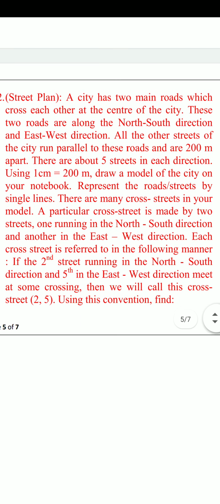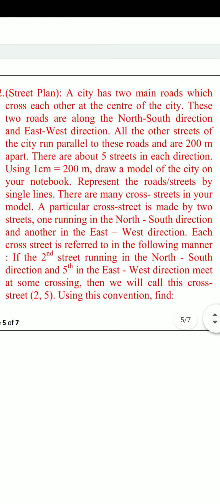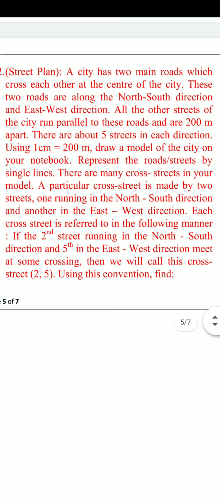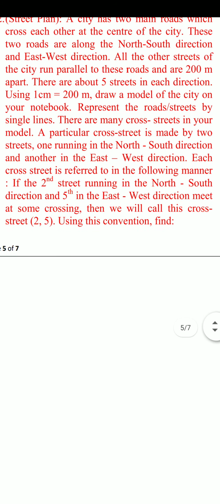If the second street in the north-south direction and the fifth in the east-west direction meet at the same crossing, then we call the cross street 2-5. That means two numbers: the first number for north-south and the second number for east-west.